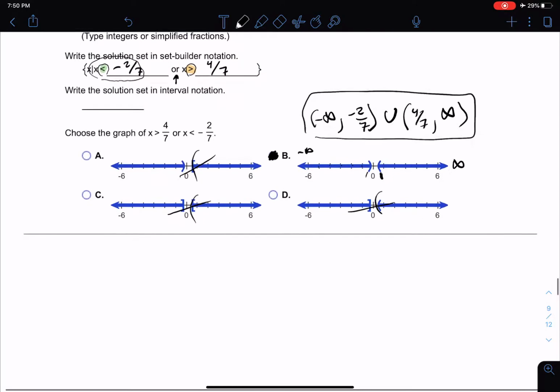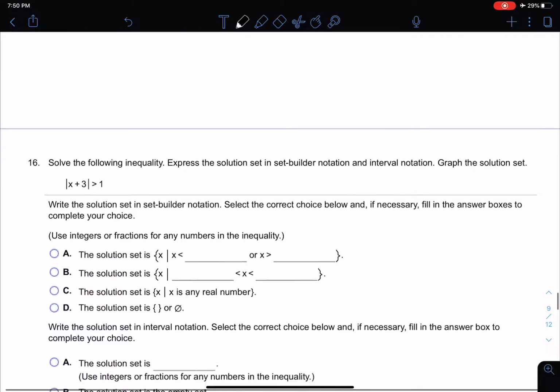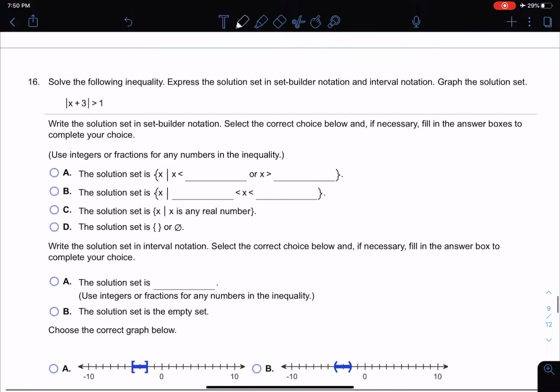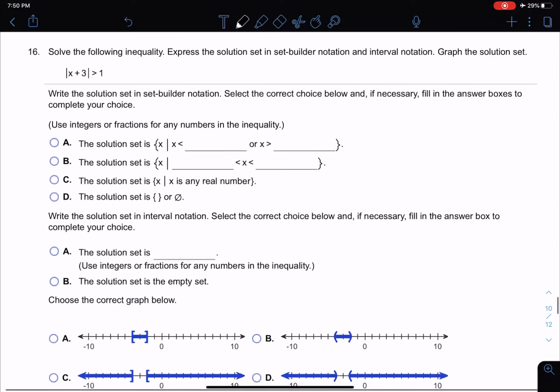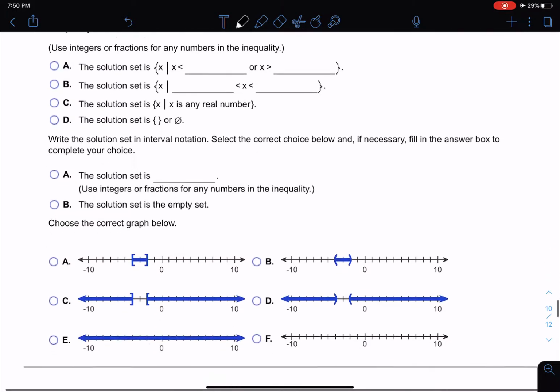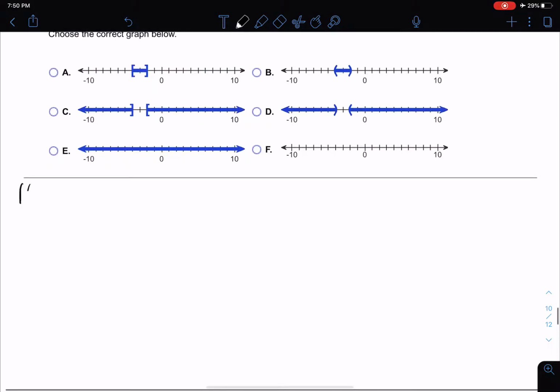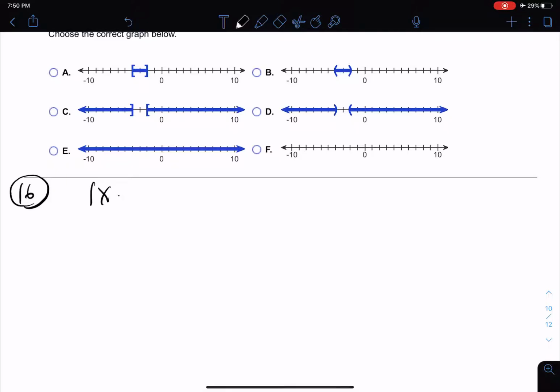So let's get back down to normal size and go to the next problem. So how much space do I have to work? Good, I could write it down here. So this is number 16, and I'm going to write it down here. Absolute value of x plus 3 is greater than 1.